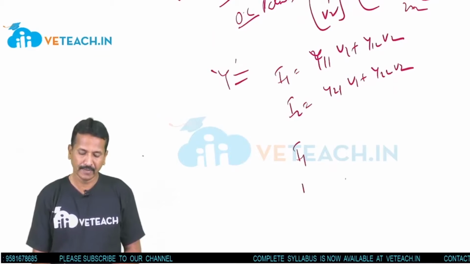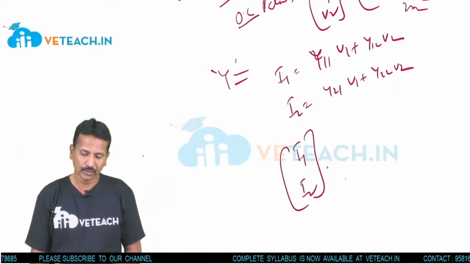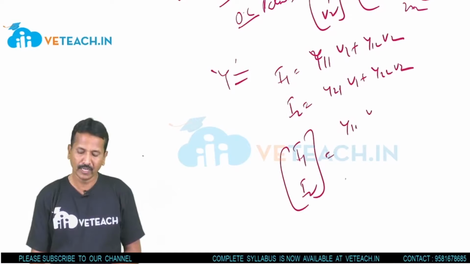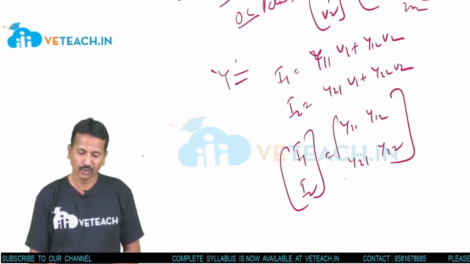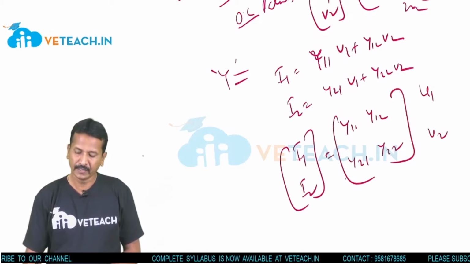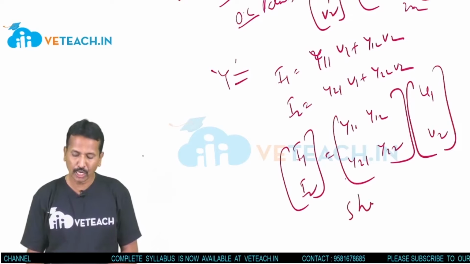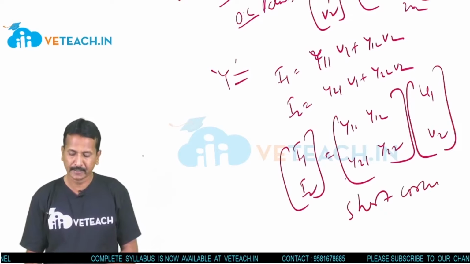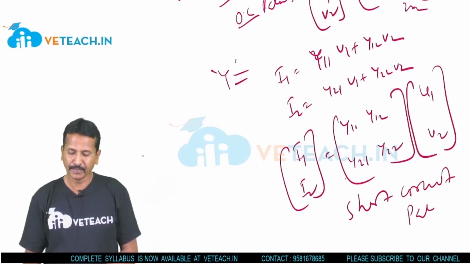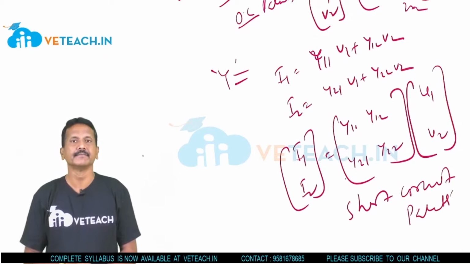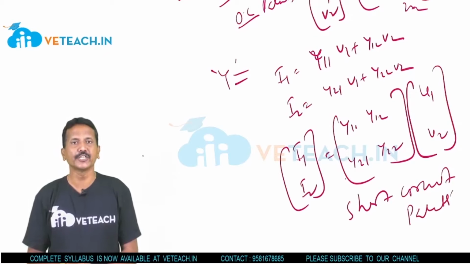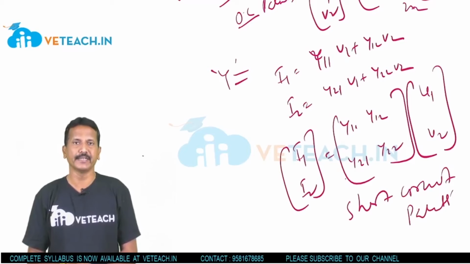Then I1, I2 is equal to the matrix Y11, Y12, Y21, Y22 times V1 and V2. These are short circuit parameters. Z parameters are open circuit, these are short circuit parameters, right?